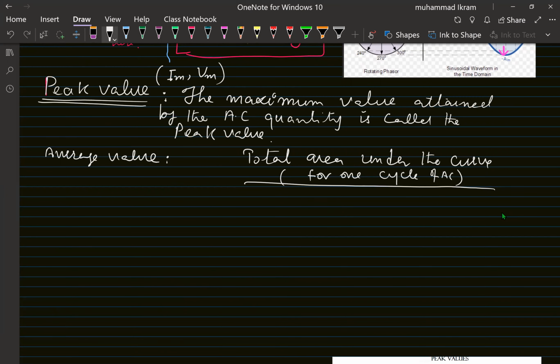So definitely the time taken is nothing but the time period, right? So that will give you the average value of the AC quantity.